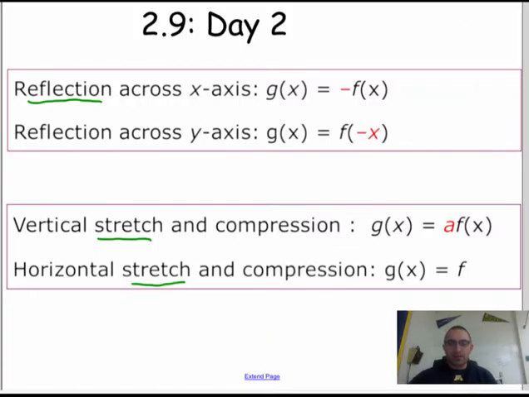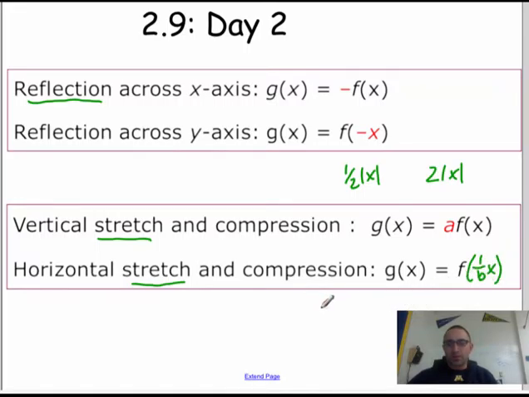The stretches, again, have to do with multiplying an absolute value by something, and that'll be a stretch, or maybe multiplying it by 1/2, which is a compression. Or if we multiply 1 over b by x inside.